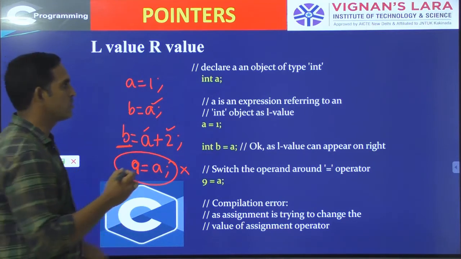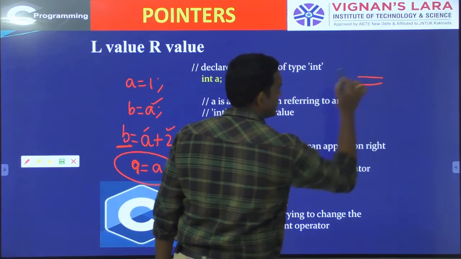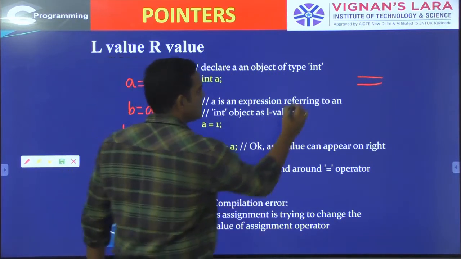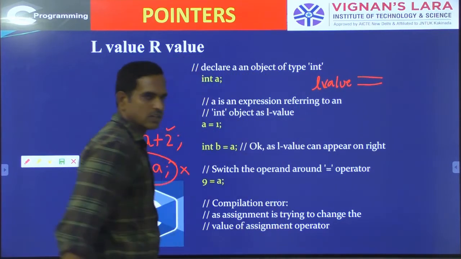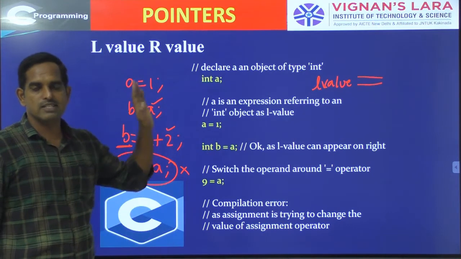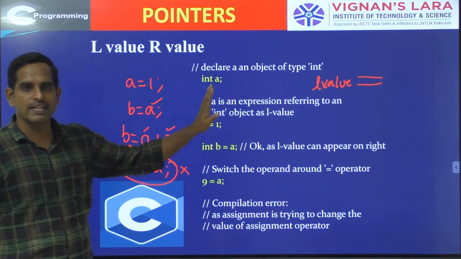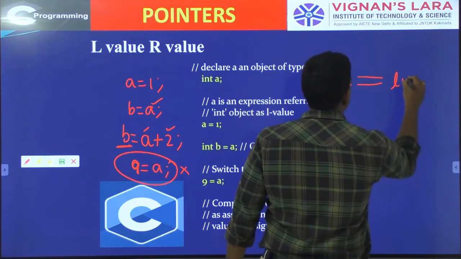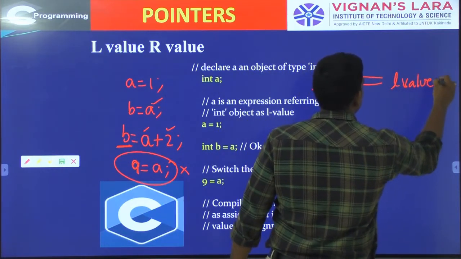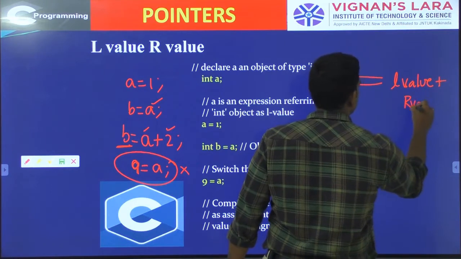So in an assignment operation, the left hand side will always contain an L value expression. Your right hand side can contain L values plus R values.